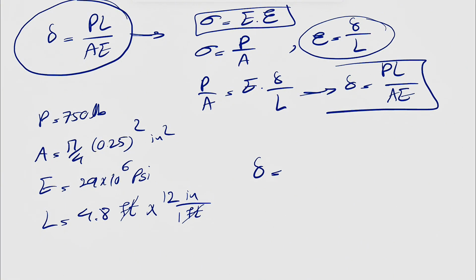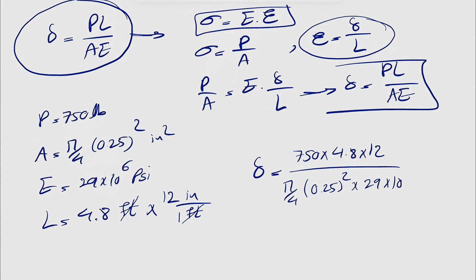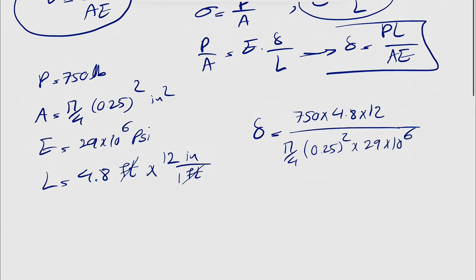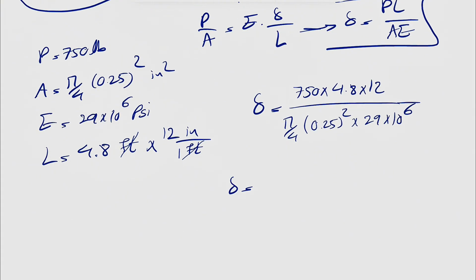And the rest of it is pretty easy. Our deformation would be P, which is 750, times L, 4.8 times 12, and in the denominator we have pi over 4 times 0.25 squared, and the elastic modulus, 29 times 10 to the 6. This is going to give us the elongation, or the deformation.